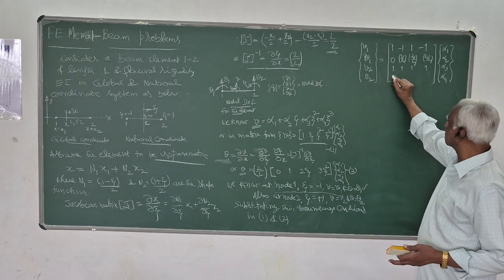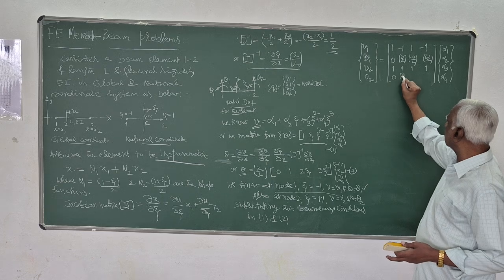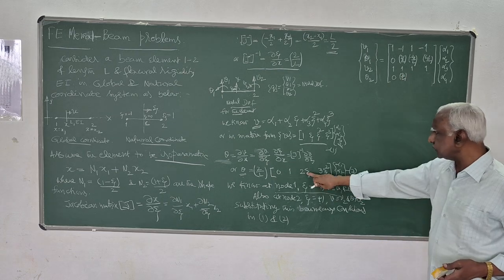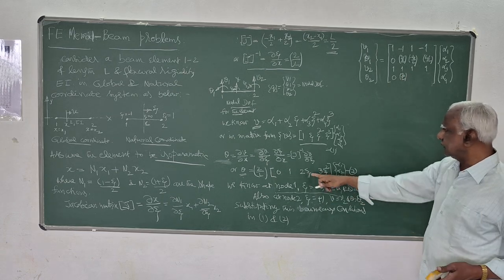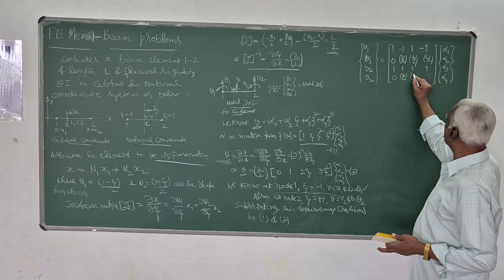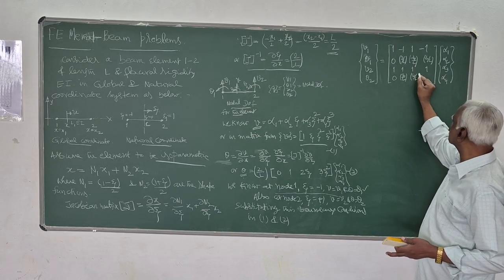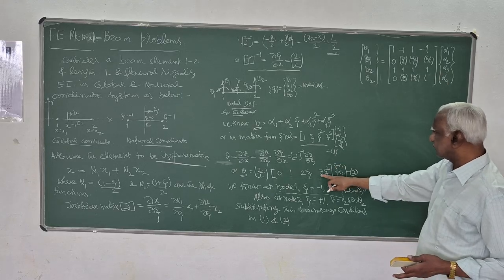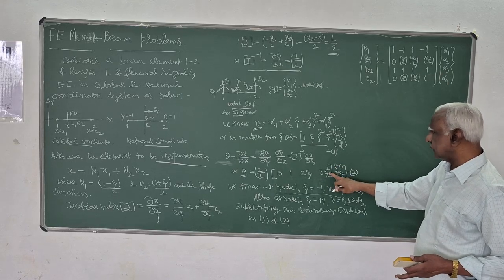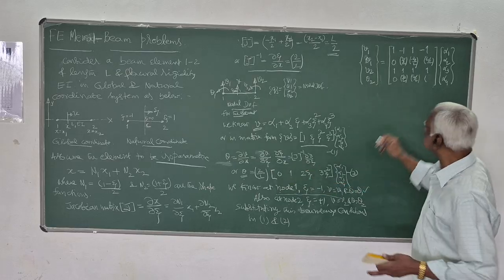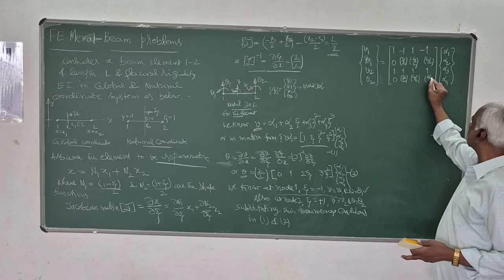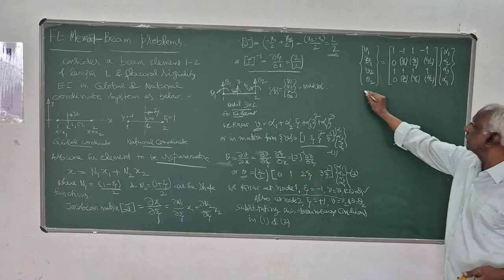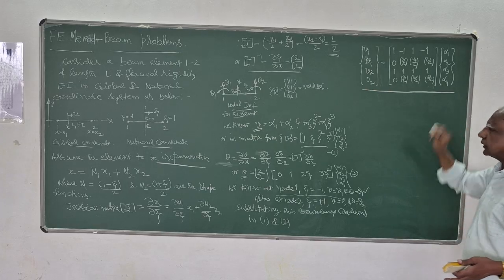The first one is 0. 2 by L into 1, 2 by L. Here 2 by L into 2, that is 4 by L, plus 4 by L. Here it is 3 into z equals 1, so 3 into 2, 6 by L. So this is the equation you are going to get.